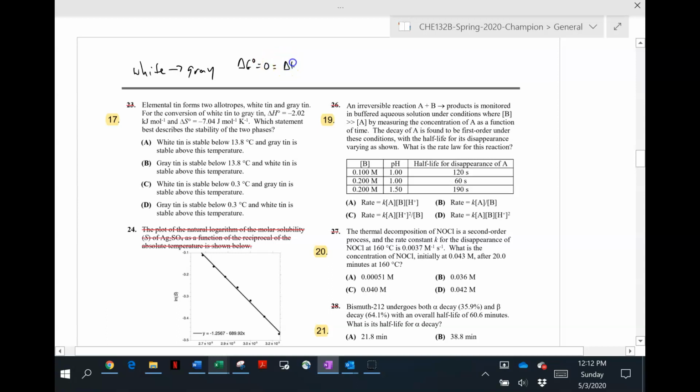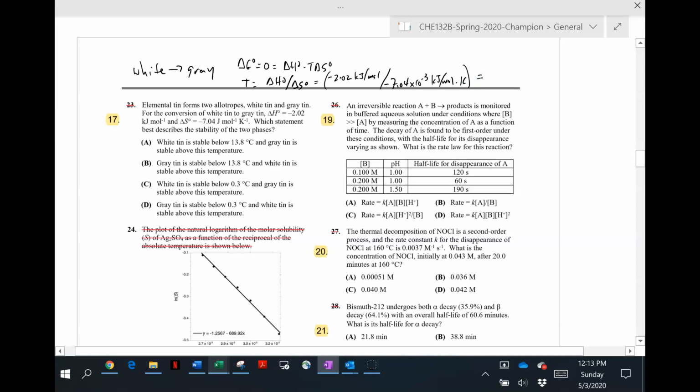And again, you're going to have delta H minus T delta S. We looked at this kind of process before and saw that T is going to be equal to delta H divided by delta S. So if we take negative 2.02 kilojoules per mole and divide it by negative 7.04 times 10 to the negative 3 kilojoules per mole Kelvin, that is going to give us a temperature in Kelvins.